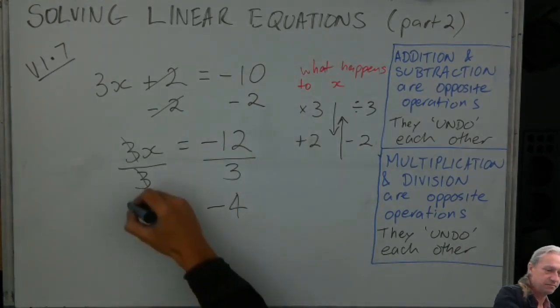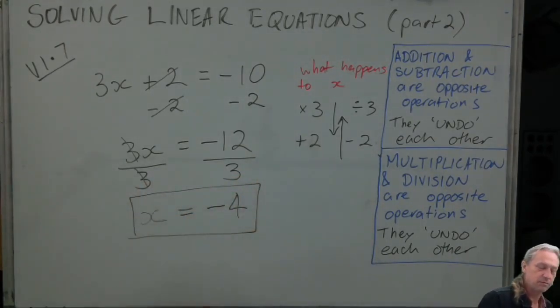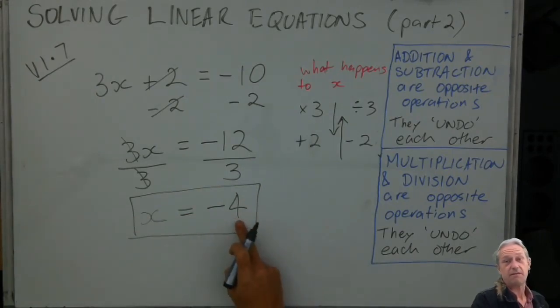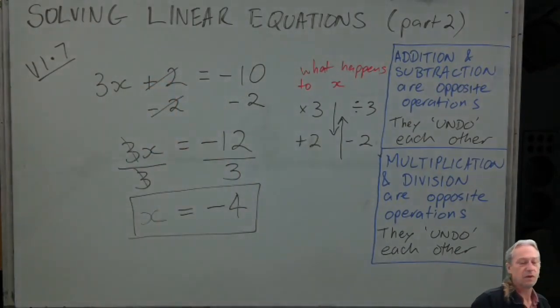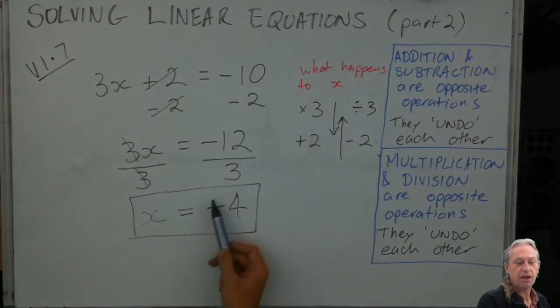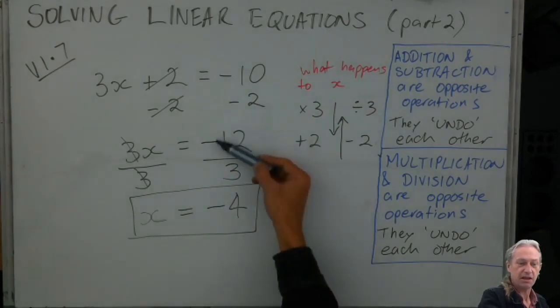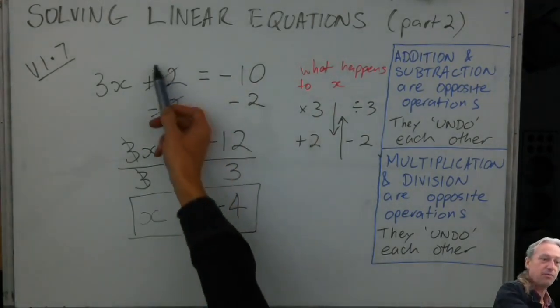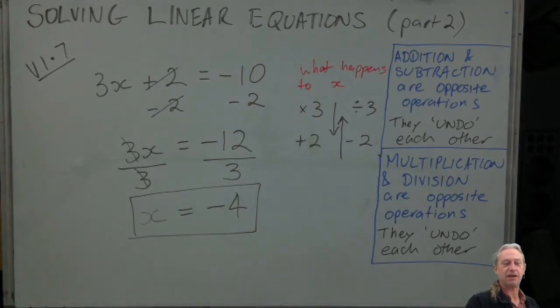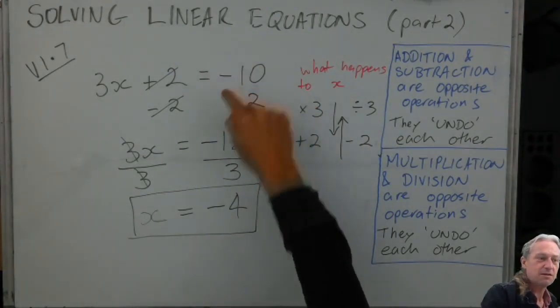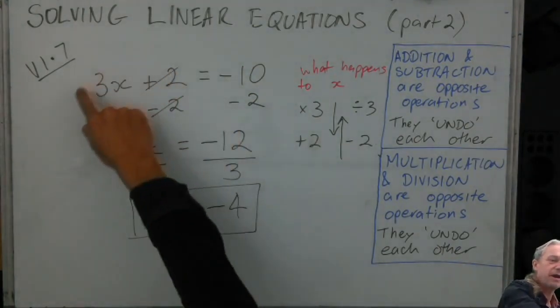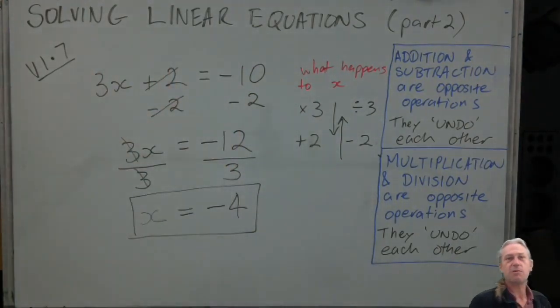So the answer, or the solution, is x equals -4. So if we were to plug that in here, 3 multiplied by -4 gives us this -12. And then if we add 2 to it, we end up at -10. Okay, so it's important to be very careful with the signs and think about undoing all the things happening to the unknown.